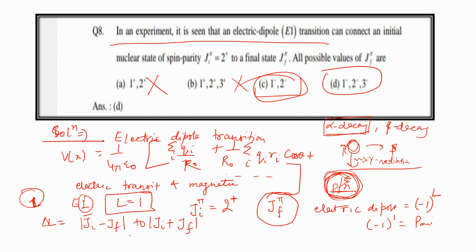So this will be minus 1 to 1, because delta L is 1. So minus 1, 0 and 1 will be three values. Now if you see here, when you subtract 2 minus 1, you will get 1. When you subtract 2 minus 2, you will get 0. When you subtract 2 minus 3, you will get minus 1. So that means D is the answer.